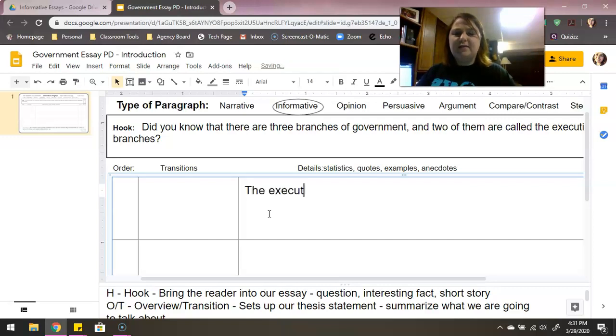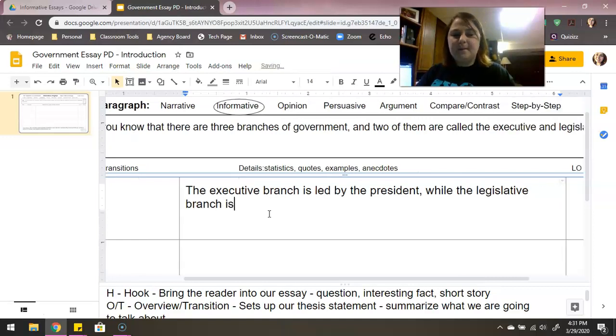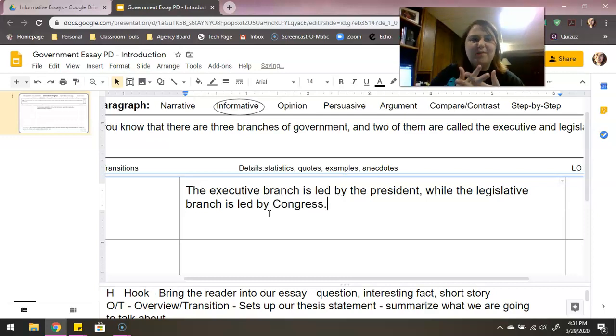The executive branch is led by the president, while the legislative branch is led by Congress. Okay, got an important piece of information there they need to know.